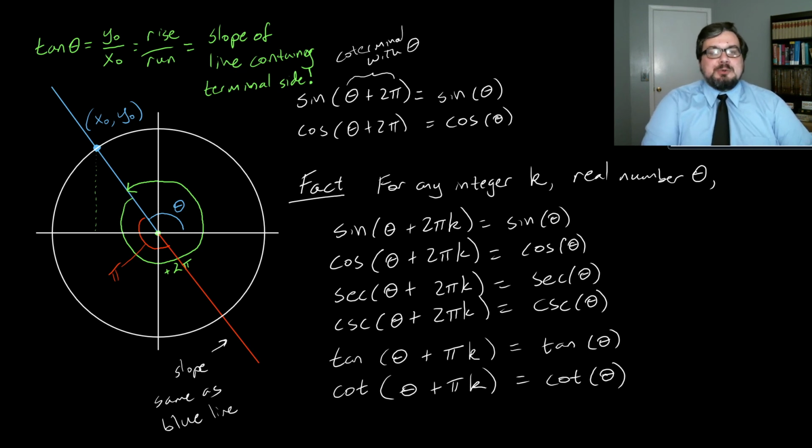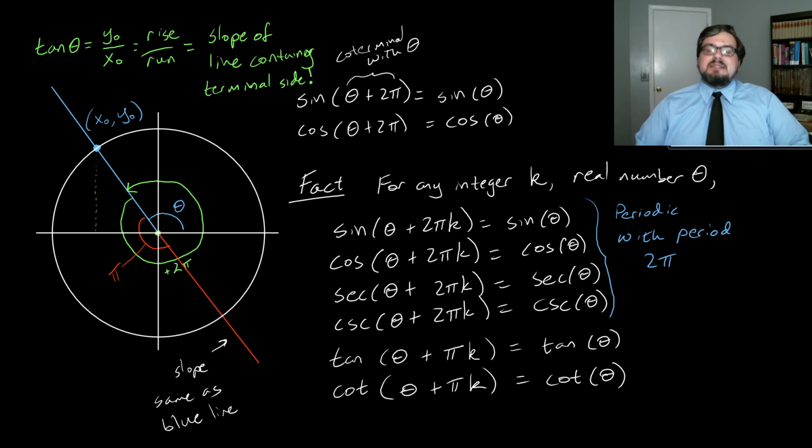Now the term that we use for these types of functions is periodic. And these four are periodic with period 2 pi. What that means is that the values that these functions take keep repeating themselves over and over. If I know that sine of some angle is a half, then I know that if I keep adding 2 pi to that number over and over again, I'm going to keep getting 1/2.